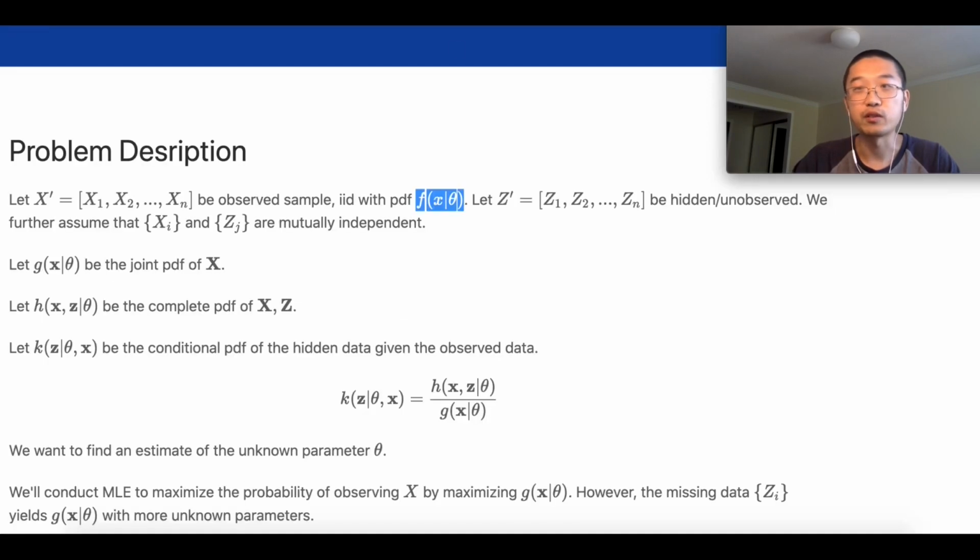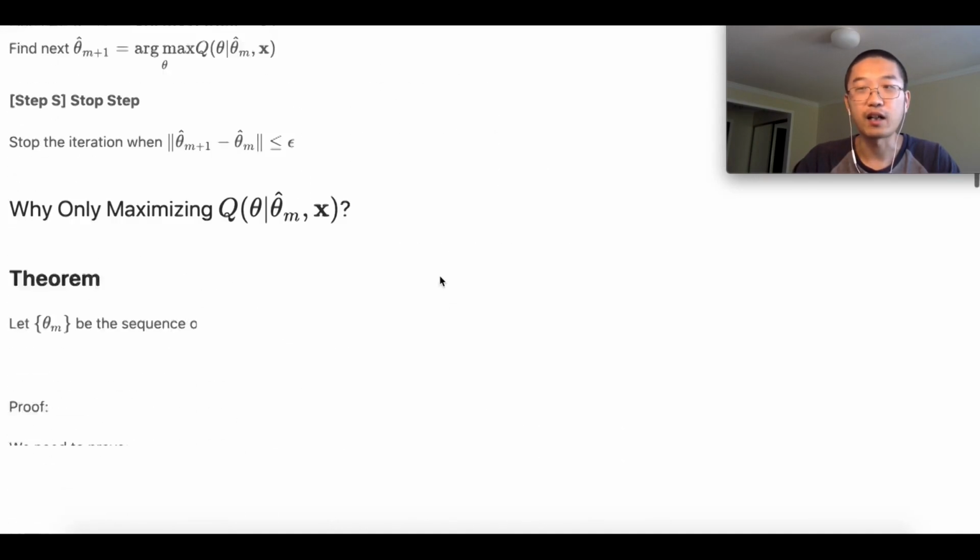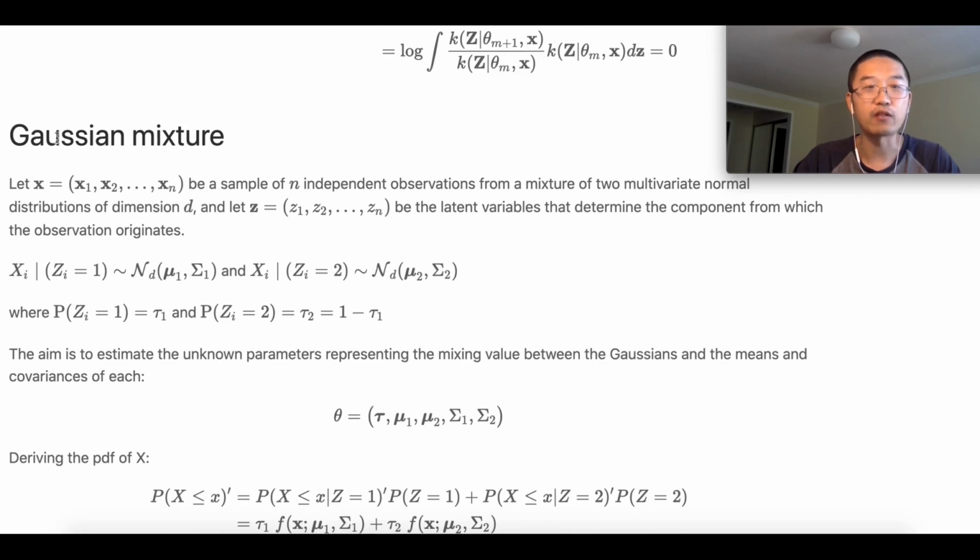Here, I'm assuming this fits a Gaussian model, a Gaussian mixture model. So this X sample we observe, I'm assuming that this sample is coming from a Gaussian distribution with mean vector mu1 and covariance matrix sigma 1, when z, the hidden information, is 1.